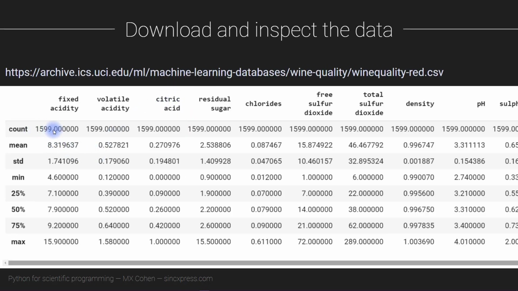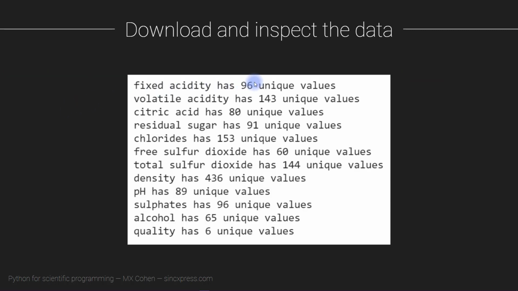There's 1,600 rows in the data file. But for each of these data features, there are 96 unique values of fixed acidity, 143 unique values of volatile acidity, and so on, down to quality, and that has 6 unique values.